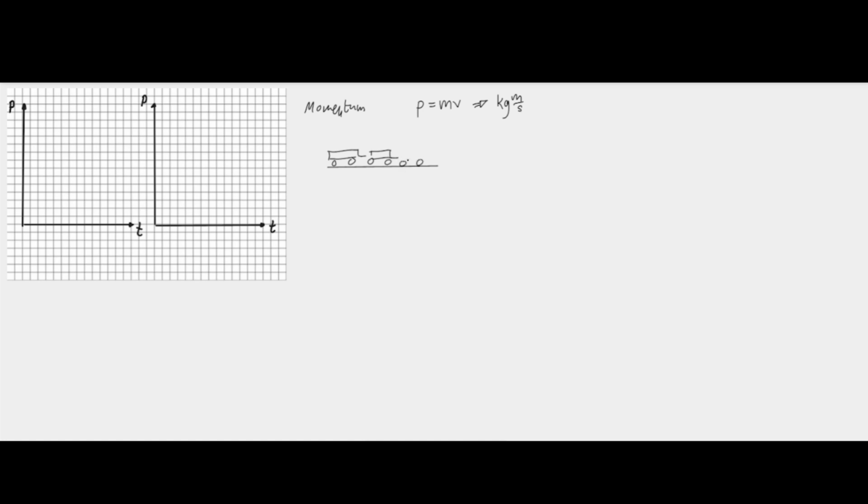Now, a train might not move very fast. Maybe it hits a top speed of 60 miles per hour, but it's very, very heavy. So what does that tell you about the momentum of a train? Well, a train has very high momentum, and once it gets going, it's pretty difficult to slow it down.